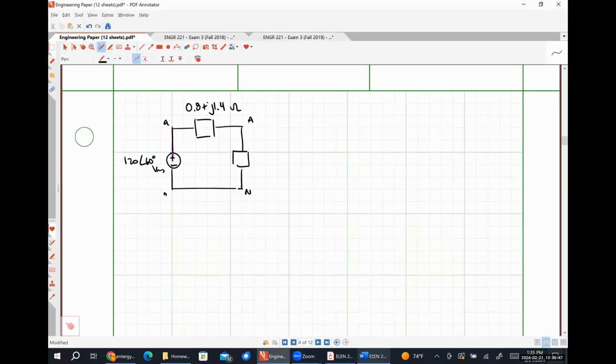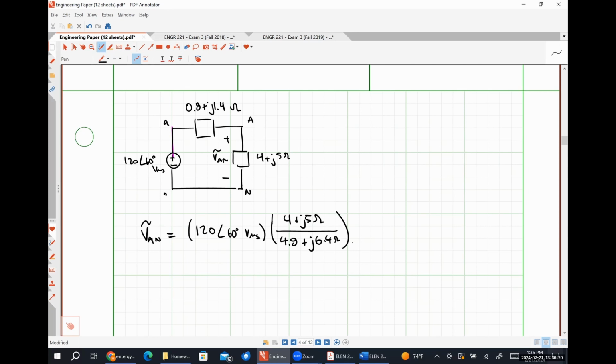Divide both of those things by 3. Four plus 5j, 4.8 plus 6.4j.